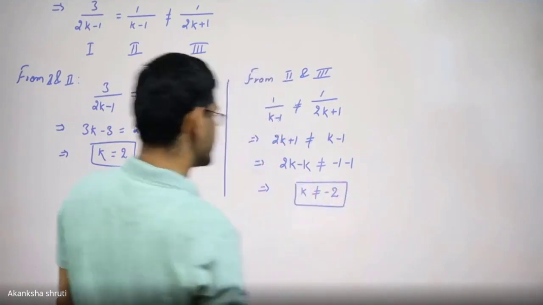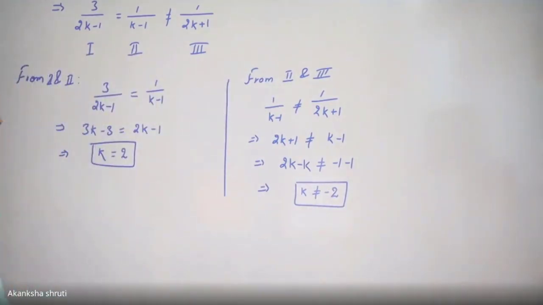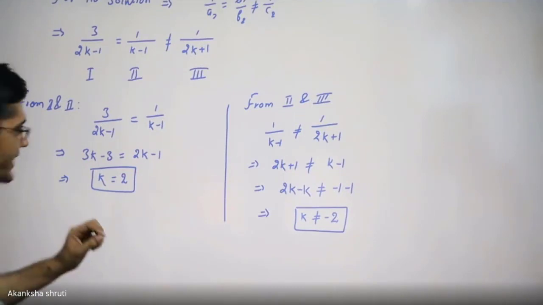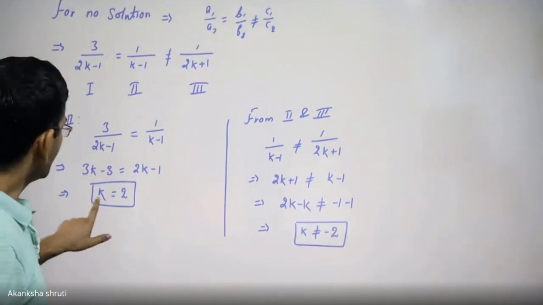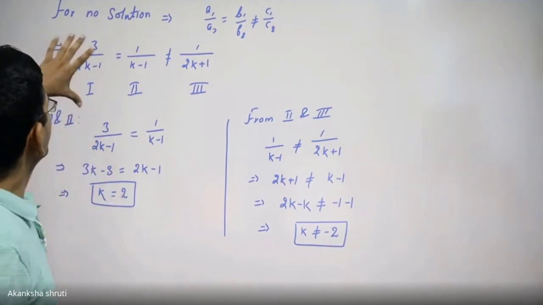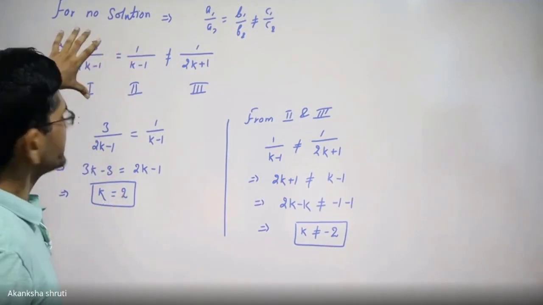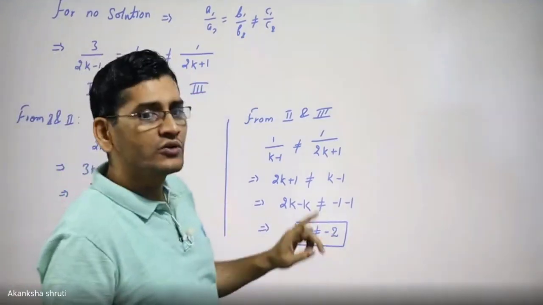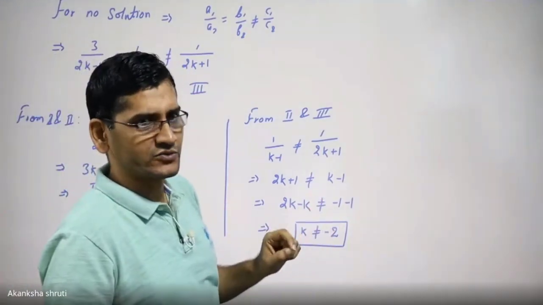So students, what we are observing, the condition states that for infinite solution, k should be 2. This tells k should be 2, and this tells k should not be minus 2.